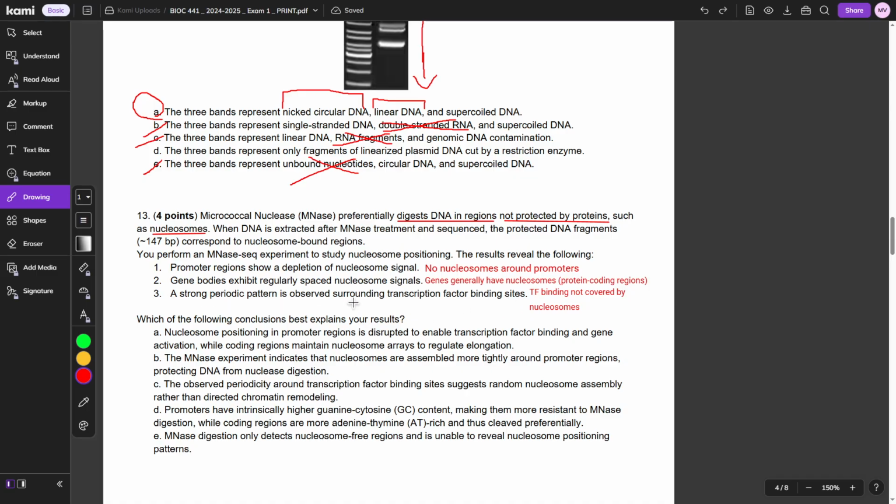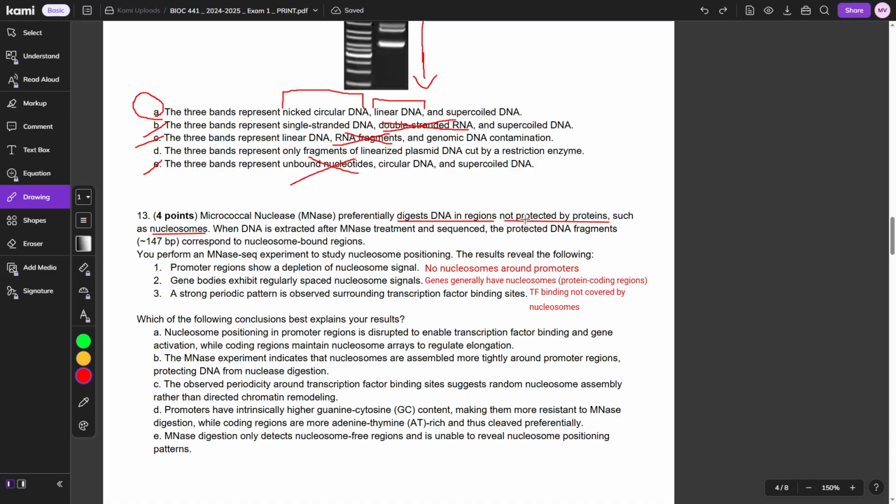So what I'm getting from this data is that it seems like the gene body itself is actually very protected by the nucleosomes, while the actual promoter region and the transcription factor binding sites are not super protected, which tells me that maybe the initiation of the transcription of these genes is actually a little bit easier, because they're not as tightly regulated or, I guess, hidden by the histones, if you will.